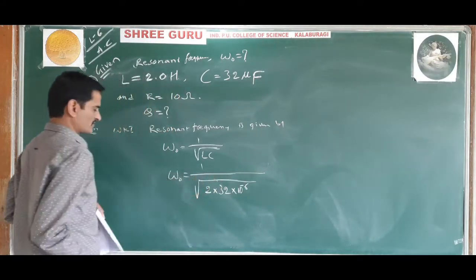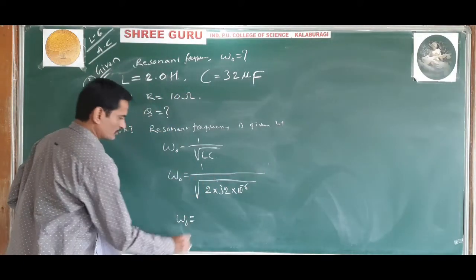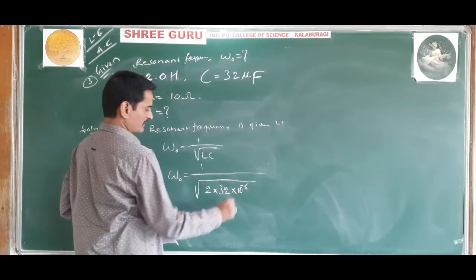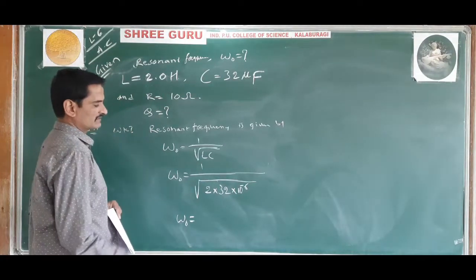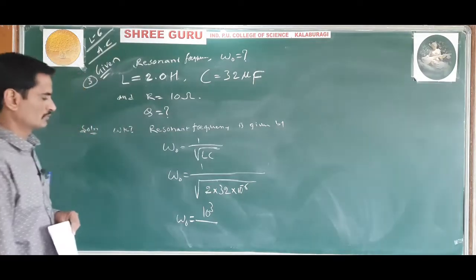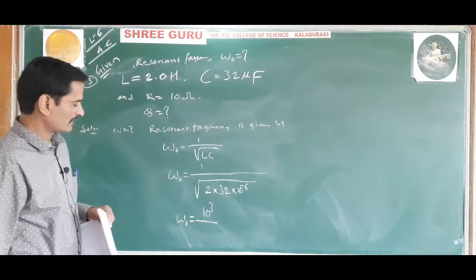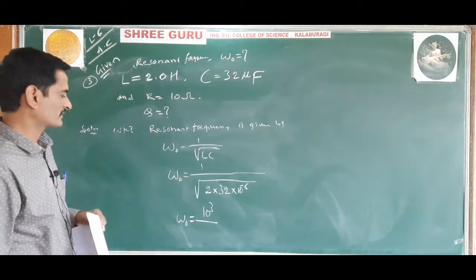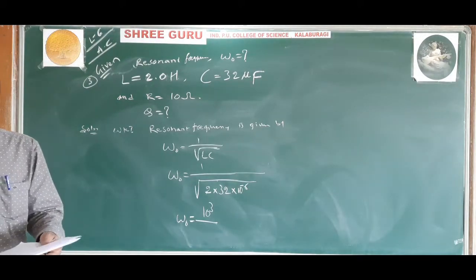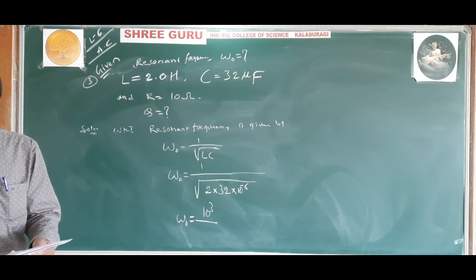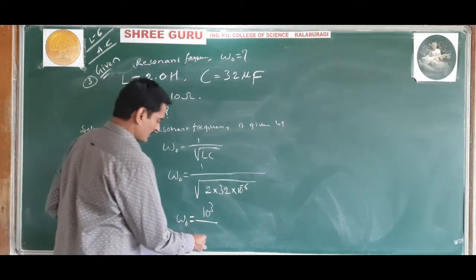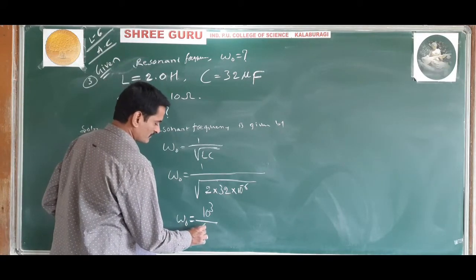So do the simplification. 10 to the power minus 6 comes out of the square bracket, it becomes 10 to the power minus 3, goes to numerator as 10 to the power plus 3, and root of 2 into 32, that is root 64, which is 8.